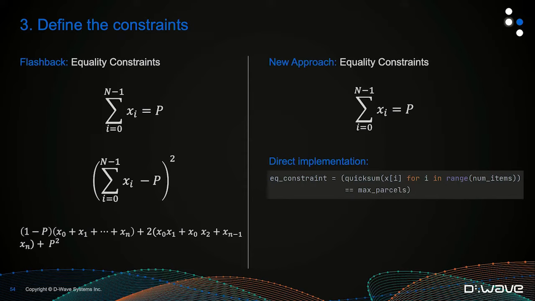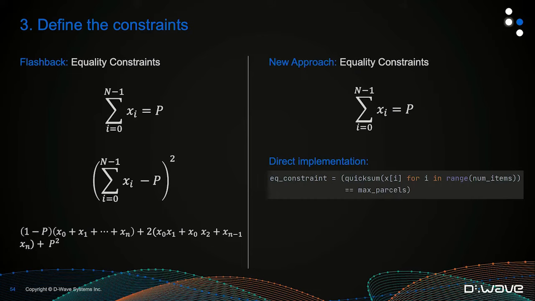Now with the CQM though, once we have that math expression, we can just go directly to programming the constraint. So we don't have to build out that penalty model anymore. And the way we would program the constraint is shown here on the right. So the equality constraint here is going to use the quick sum function.